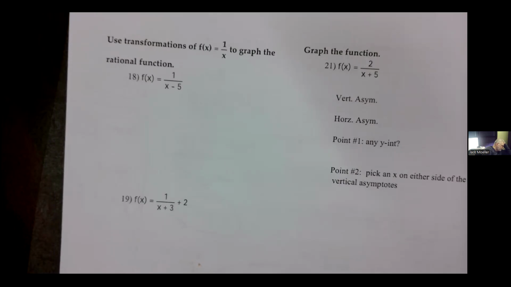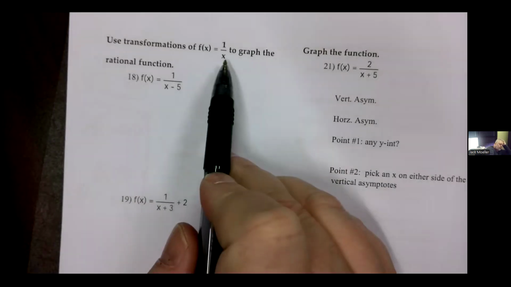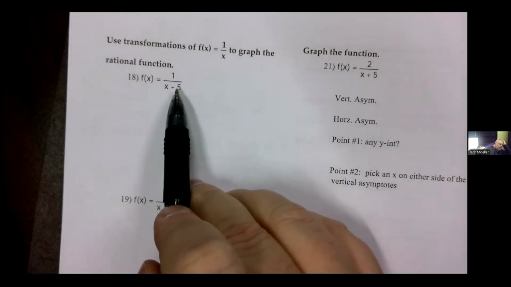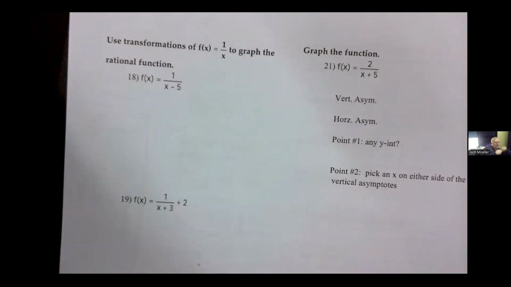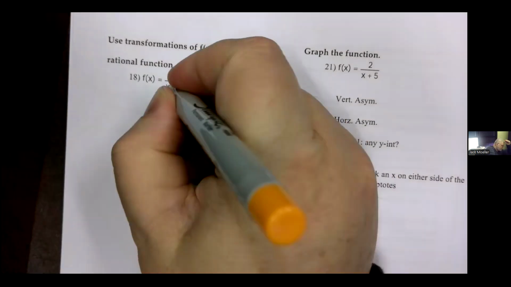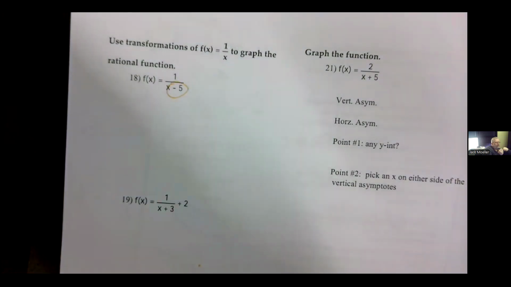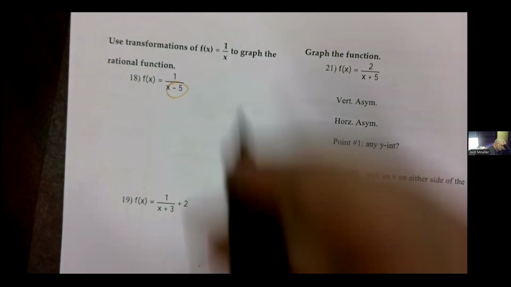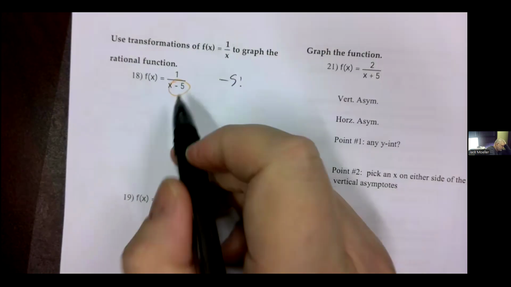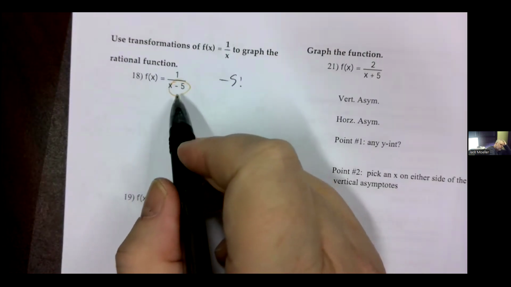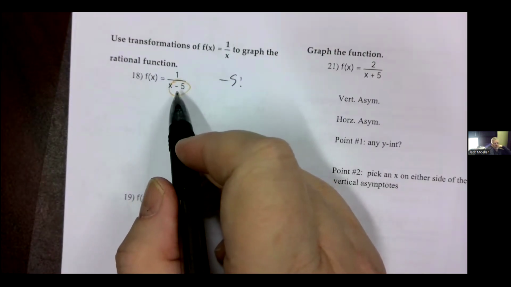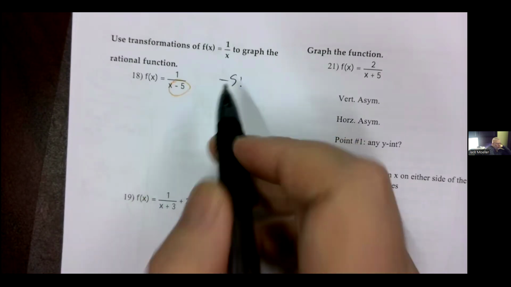Okay. All right. So we're transforming 1 over x to 1 over x minus 5. So the question is, what does that minus 5 do to the graph? Well, it's in the fraction, so it's a horizontal. Horizontal is backwards, so minus 5 is going to move it right 5.